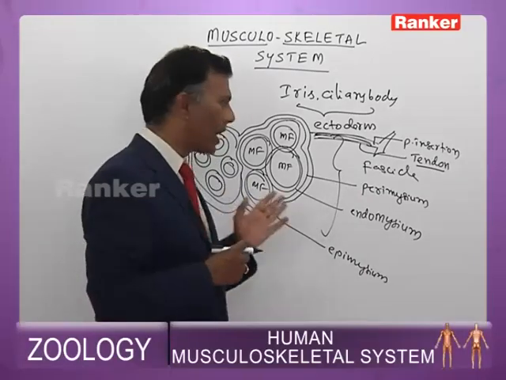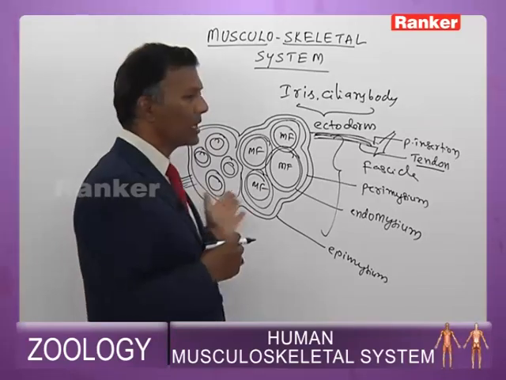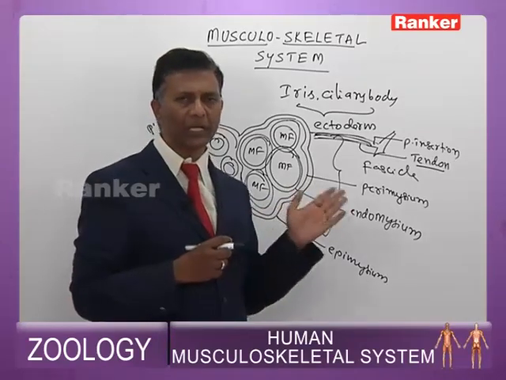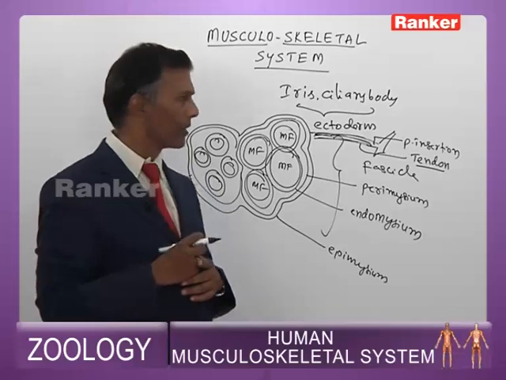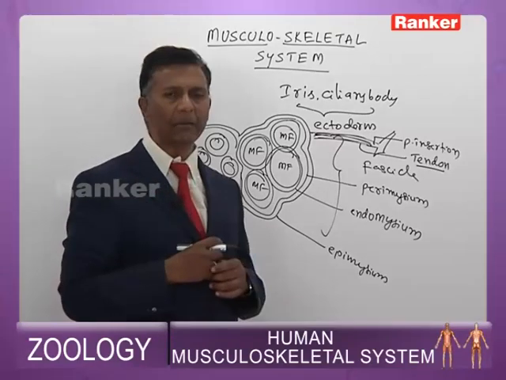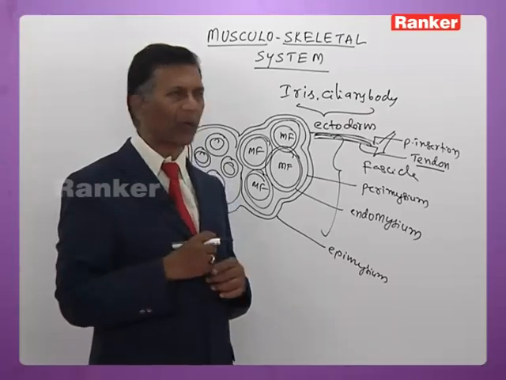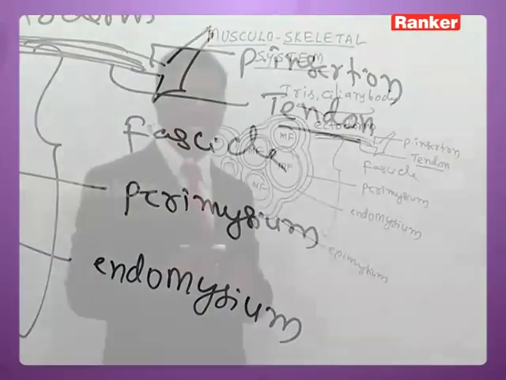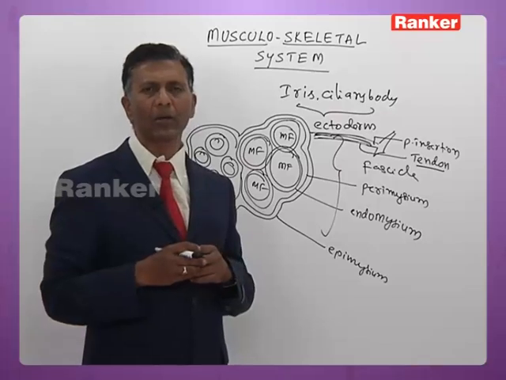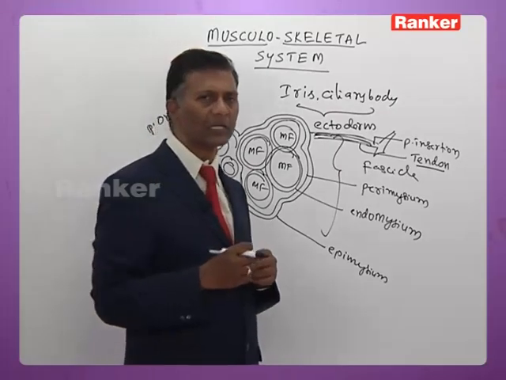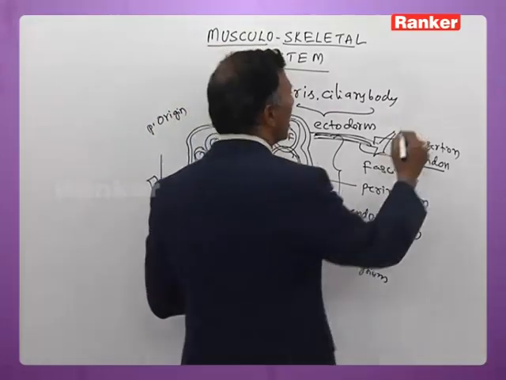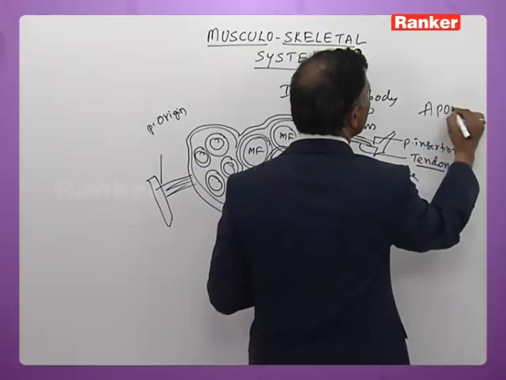At the point of origin, the bone more or less is stationary. At the point of insertion, the bone is movable. In certain cases, skeletal muscles are attached to the bones by a sheet of connective tissue fibers called aponeurosis.